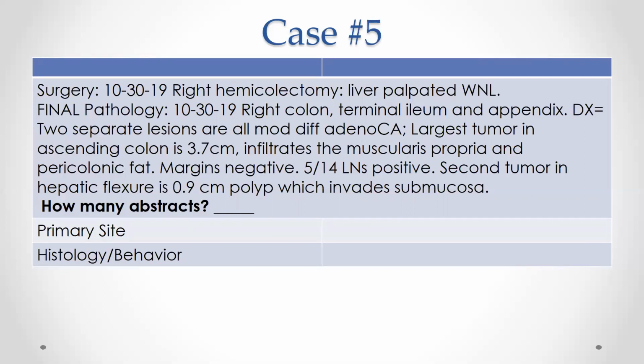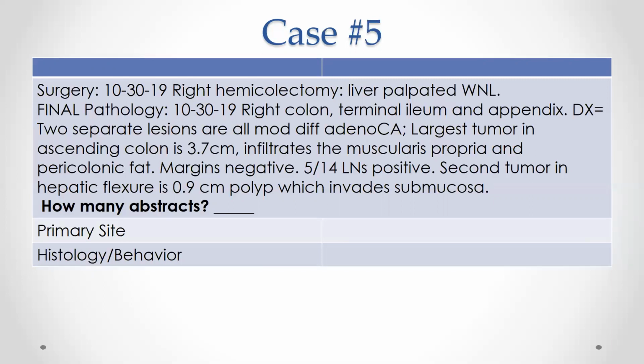So up at the top of the path report, it says both of the histologies of the 2 separate lesions are adenocarcinoma. So we can actually pencil in adenocarcinoma for both of these tumors. We know they're both the same histology. One of them is in the ascending colon, one is in the hepatic flexure.